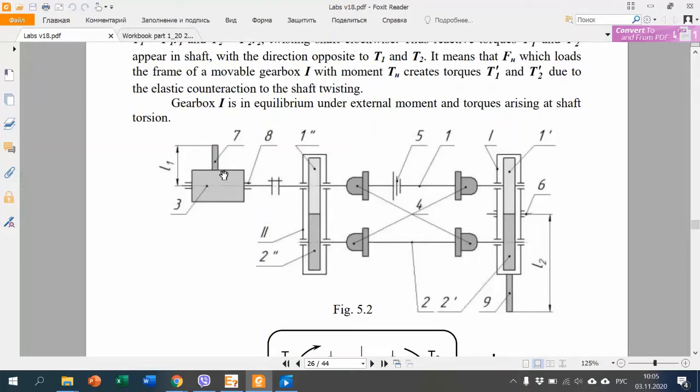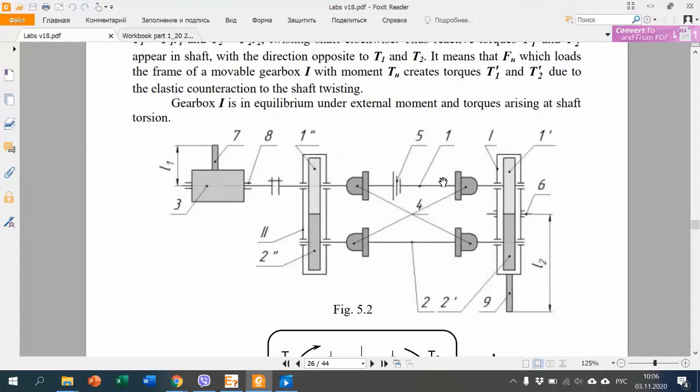So if we know this force and this distance, we can know what power we supply to our system. It's a very interesting question also, what power we need to create this circulating power in the mechanism.